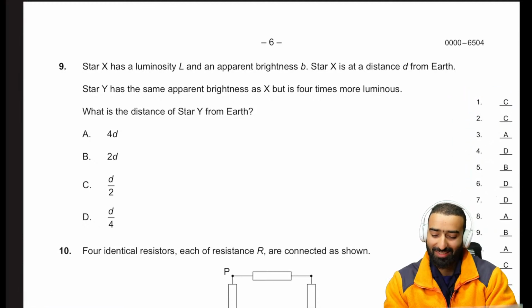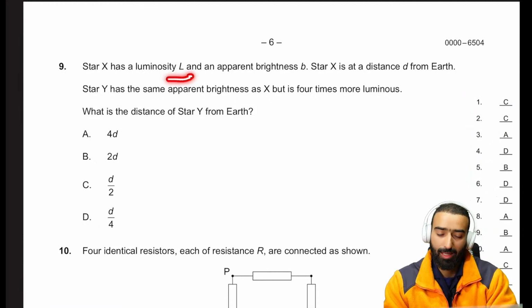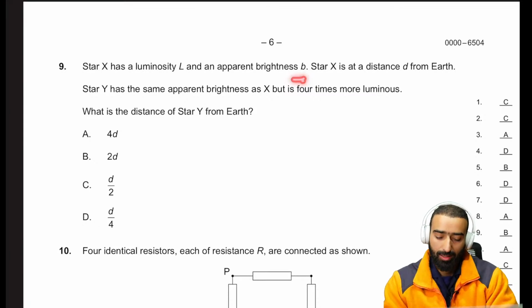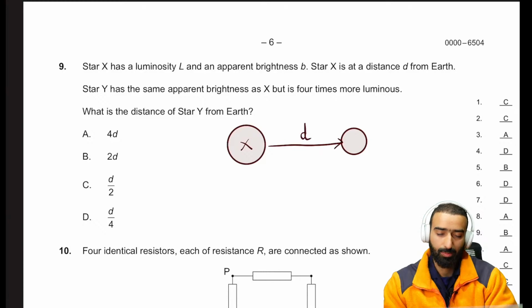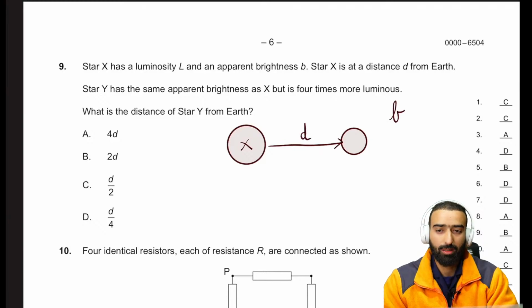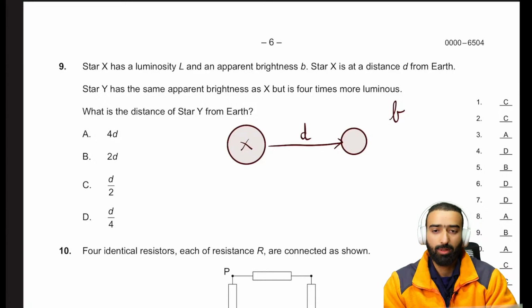Star X has luminosity L and apparent brightness B. And the star X is at a distance D. So let's make a quick sketch. We have star X, and this is Earth, and it's at a distance D, and its brightness is B. Then we have another star Y that has the same apparent brightness, but it's 4 times more luminous.